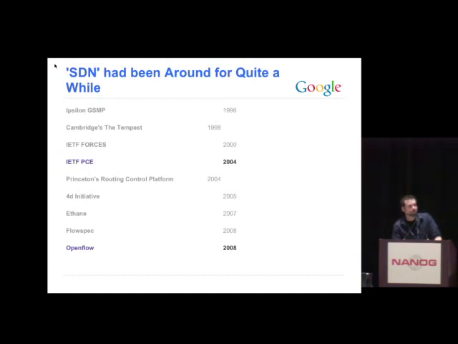PCE obviously is based on you having RSVP-TE deployed, ISIS, et cetera, and so from the network element software complexity side, obviously that's a bit higher, but it is readily implementable today because only your LERs are going to be running it, et cetera, et cetera.